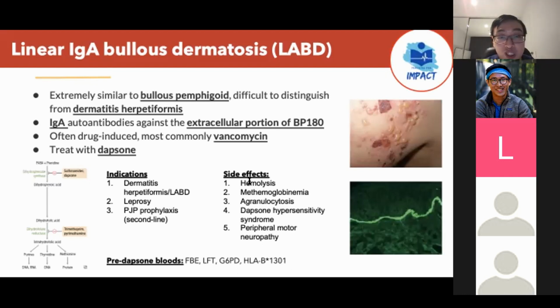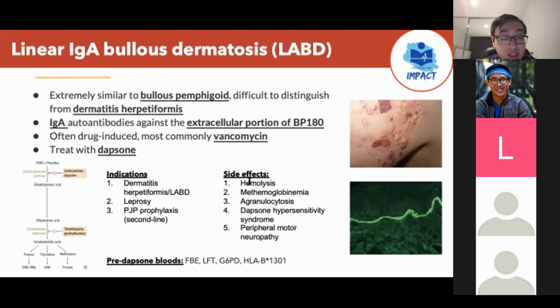We also send off a G6PD level to ensure that the patient isn't G6PD deficient, because G6PD deficient patients shouldn't get dapsone. It's contraindicated in G6PD deficiency because they are at extremely high risk of developing hemolytic anemia from dapsone. And the other thing that I already mentioned is HLA B1301, to ensure that the patient is not at high risk of dapsone hypersensitivity syndrome.